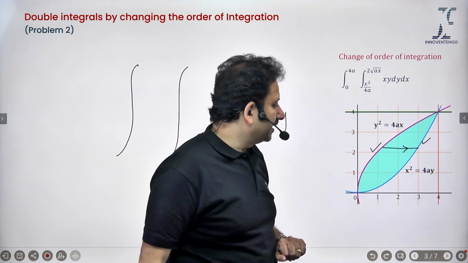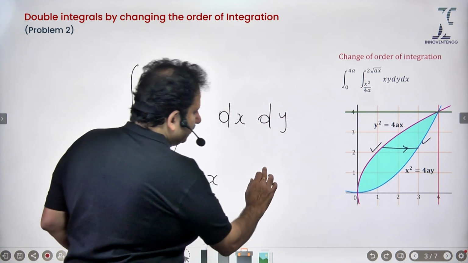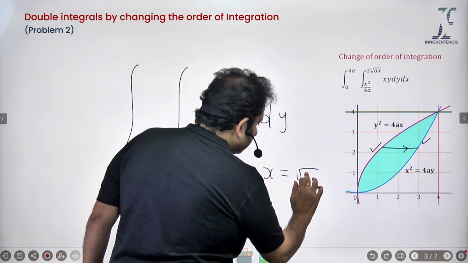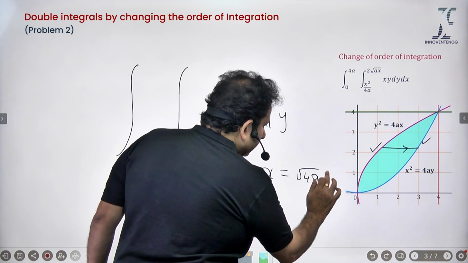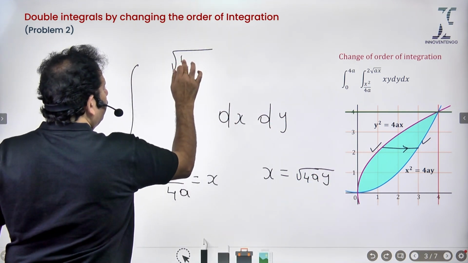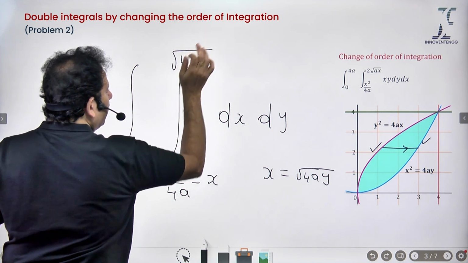And I'm ending up with this parabola. So what is the definition of x there? I will have to take square root. So that would be root 4a y. Okay, so root 4ay.